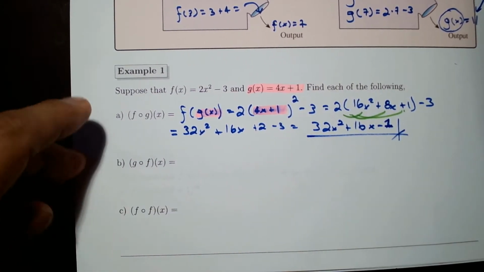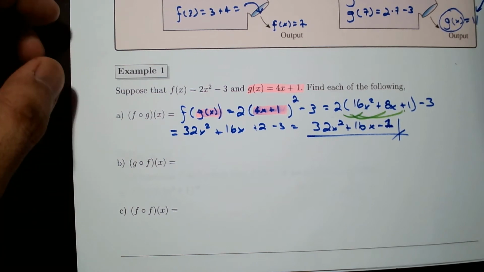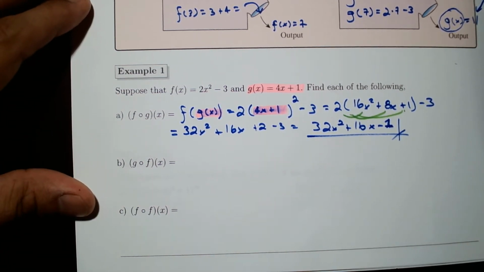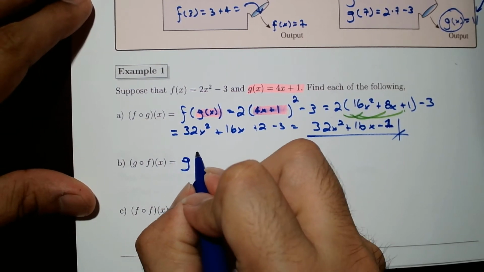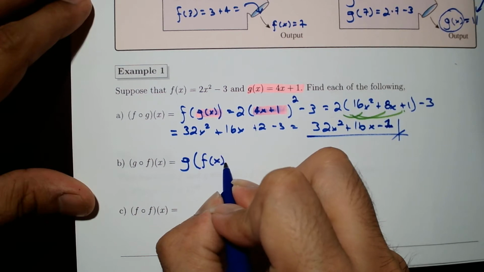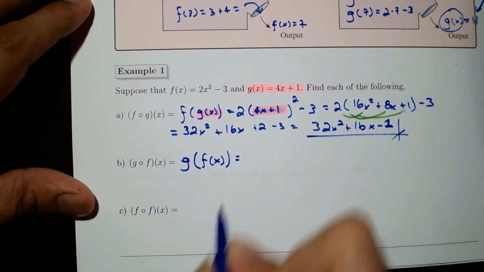Okay, that's a 1. Now let's do the composition the other way around. In this case, we are going to start with g, and we are going to substitute the function f into it.